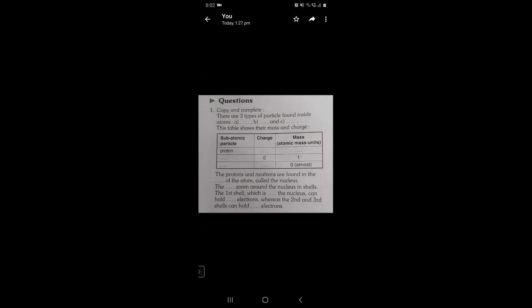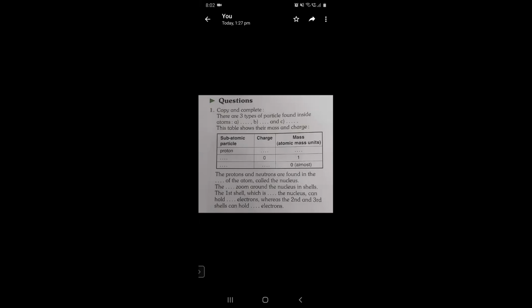They are inside the nucleus. Very good. The nucleus is the central part of the atom. And where do we find the electrons? Electrons are found outside. They are traveling at such a fast speed that you cannot see them. Very good. They're just buzzing around the nucleus so fast.